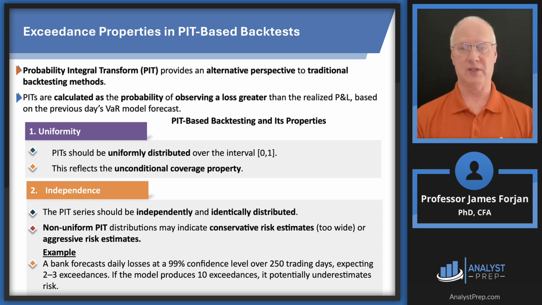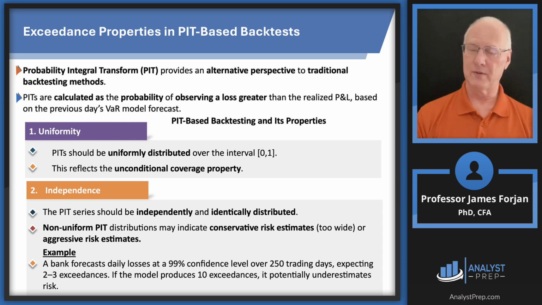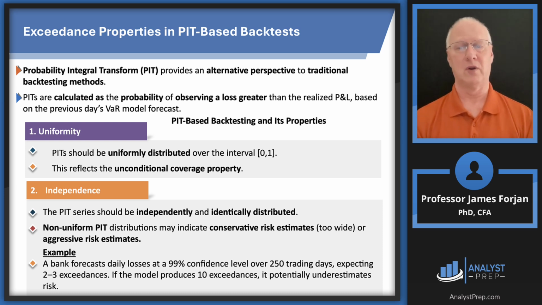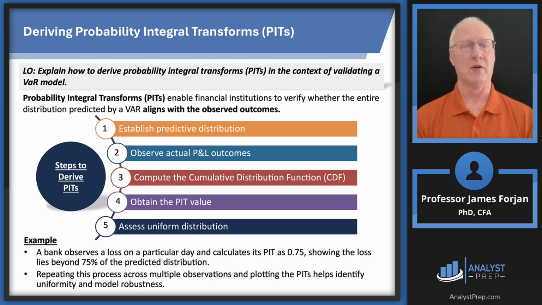It clearly tells us that something's wrong in the middle, or something's wrong at the left tail, or something's wrong at the right tail. So notice that second diamond point. If we have a non-uniform distribution, it could mean that we have conservative risk estimates or aggressive risk estimates that come from that value at risk model.